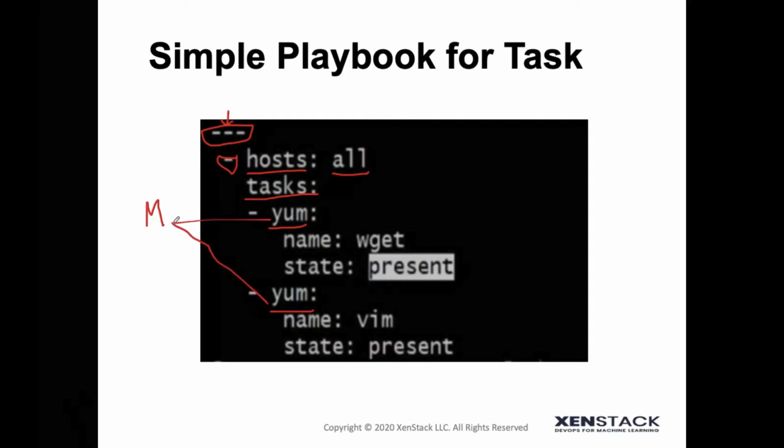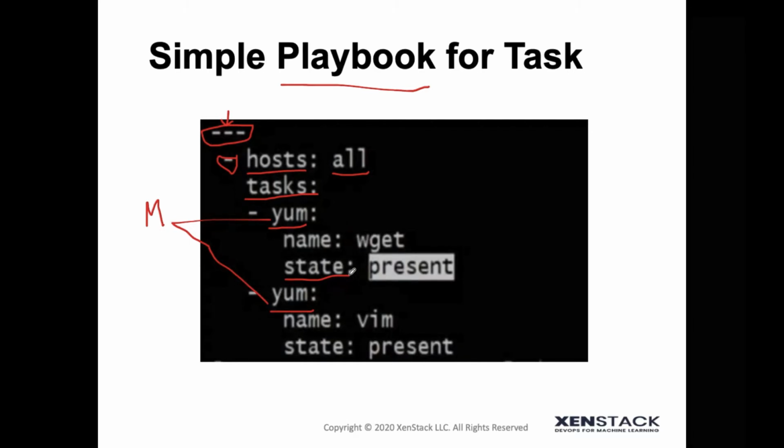In this way, we use the modules and the host inventory files in our one single playbook. So this name is nothing but the name of the package which you want to install with this package manager, called yum, and the state represents what you want to perform with that package. Let's say you want to install the package or you want to remove that package.